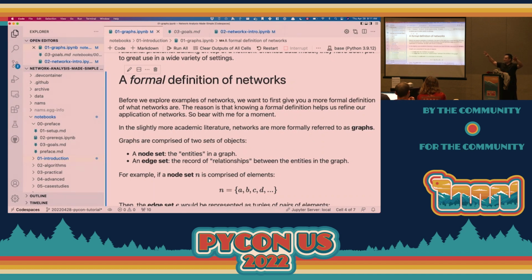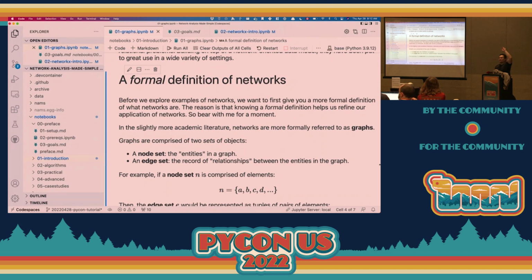So cities are the nodes in this case, and highways that connect cities are the relations, the edges inside the graph. Cool. Any other examples? Airline routes, nice. What would you consider to be the nodes and the edges? The airports? Flights moving from one airport to the next, that's right.